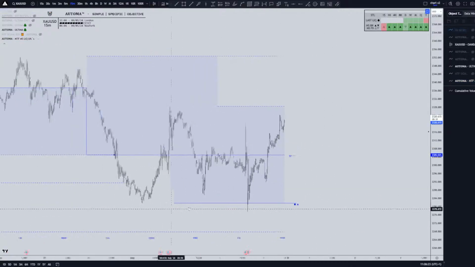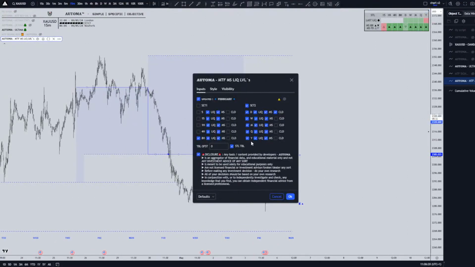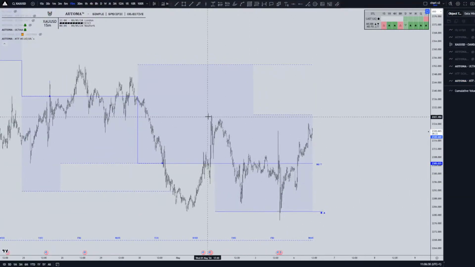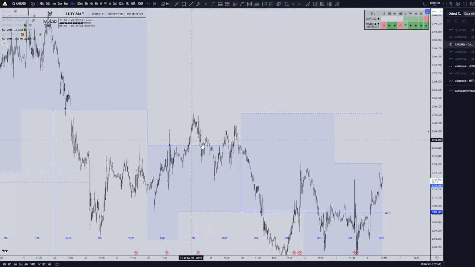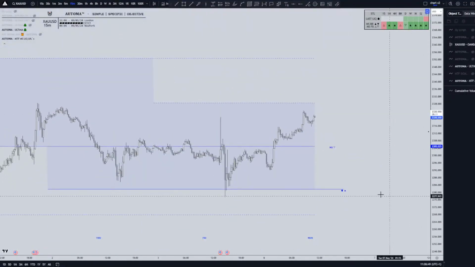This tool gives you the opportunity to view multi-time frame market structures, liquidity levels, and the targets. Obviously we are focusing on the targets and either a reversal as a TP or a reversal from specific liquidity levels.